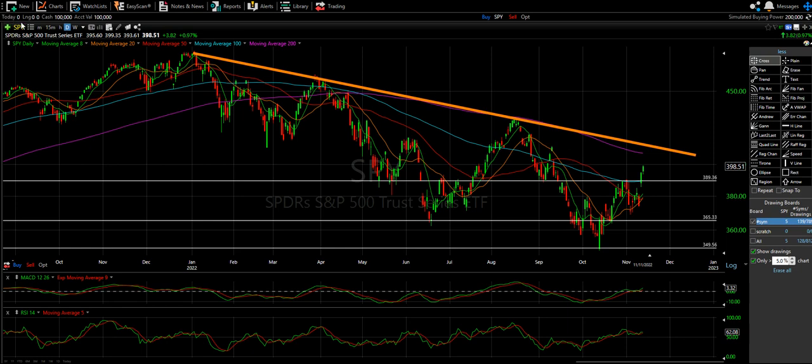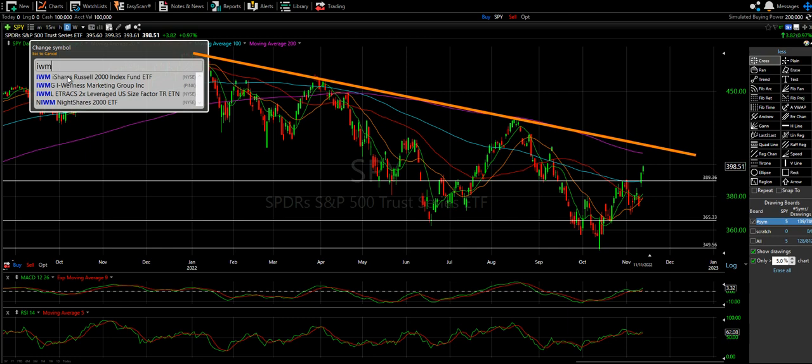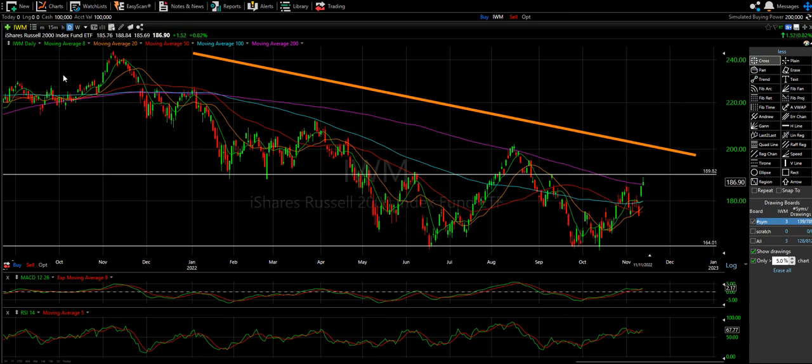And again, we've started adding the Russell to this. Here's the IWM looking at the Russell 2000. Oh, hold on. I need to redraw the line because this one might be. Yeah, we're still going to take it from January. Okay, so again, it's just a different line.